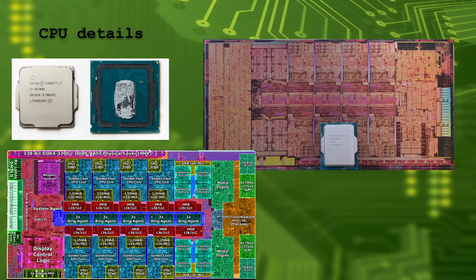And this is all of the sections of this CPU die labeled. This is a 12th gen Intel CPU, which I will explain what that means later. And modern Intel CPUs, as you can see here, have two different types of cores. Here's one type of core, here's another type of core. Yes, one is bigger than the other. Yes, this one is better than this one, but that really doesn't matter for this video.